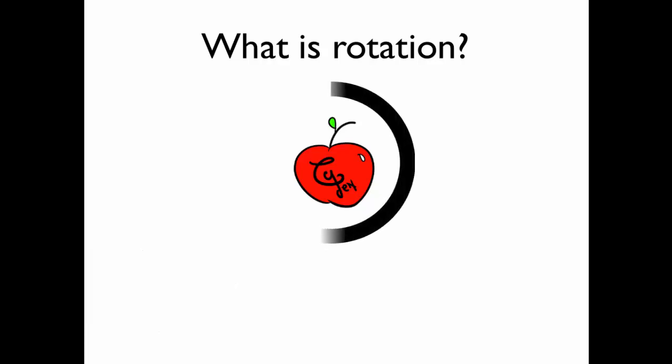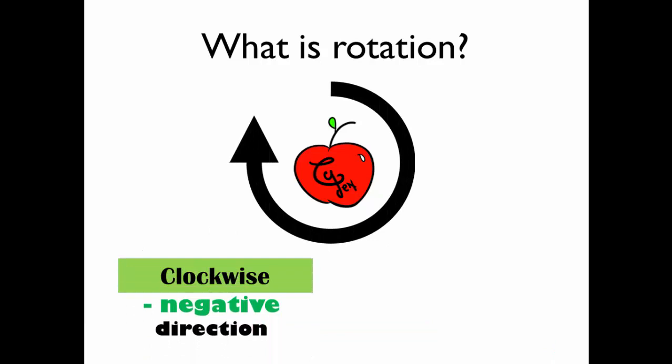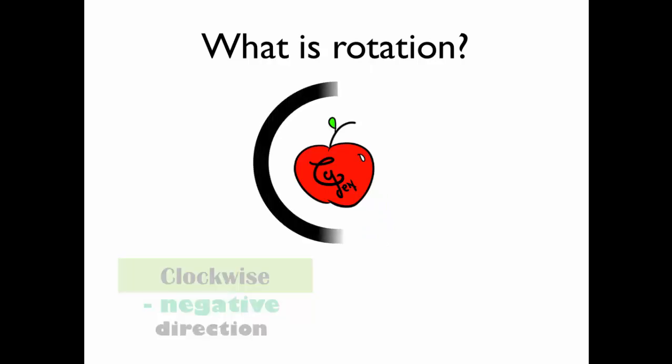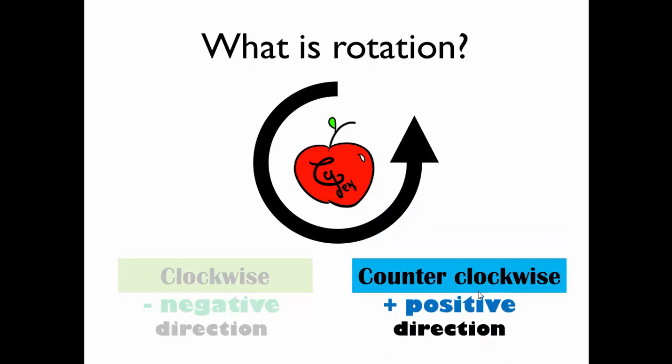If your object or figure is going in the clockwise direction, then we would say it's a negative direction. If it is going in the other direction, counterclockwise, then we would say it's going in a positive direction. Wow, Miss Yen, do I have to remember this? Yes. It's actually very important to know which direction you're going when you're going clockwise or counterclockwise.